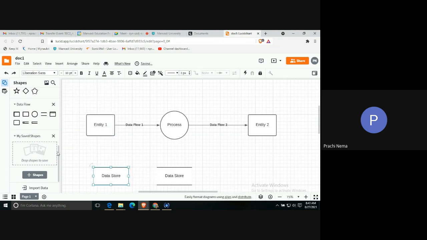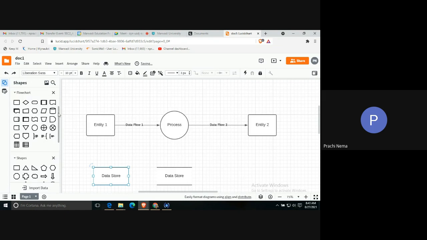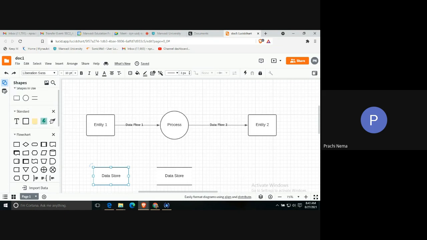For the data flow part, just draw a line like that. And you can even label it. You can write anything here. So like that you can draw, connect, and make your DFD in this. This is a very friendly interface, you can use it.